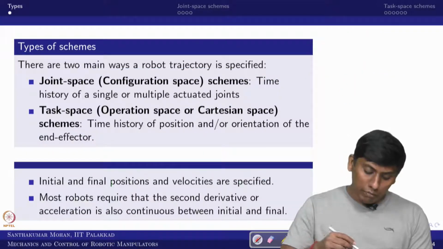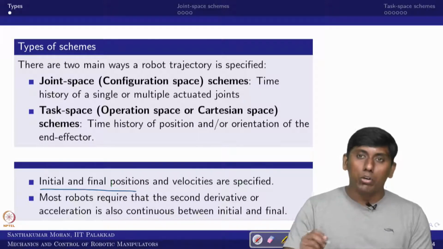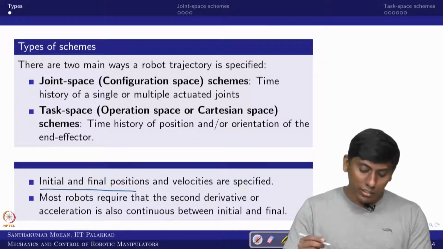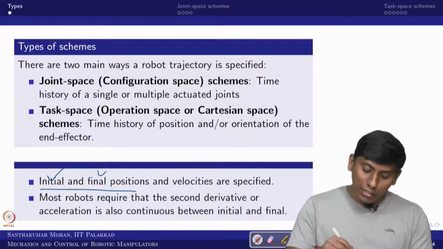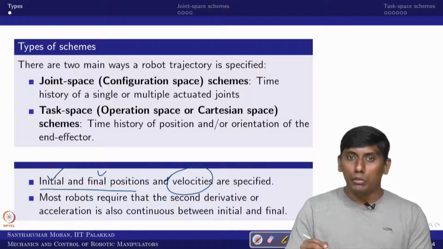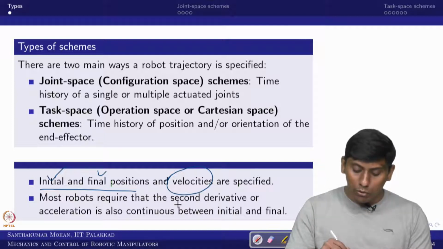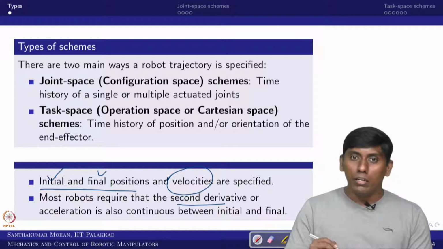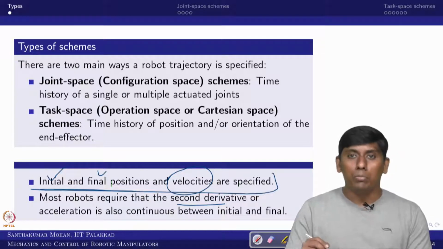Before that, let us see what is given to us when we talk about manipulator trajectory generation. The initial and final positions and velocities are specified to us. The acceleration is given or not depending on the case. If the initial and final acceleration are given, then we have to go for a higher order polynomial. But if only these are given, then we can go for a cubic polynomial.